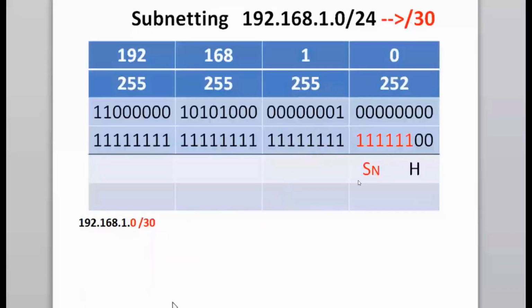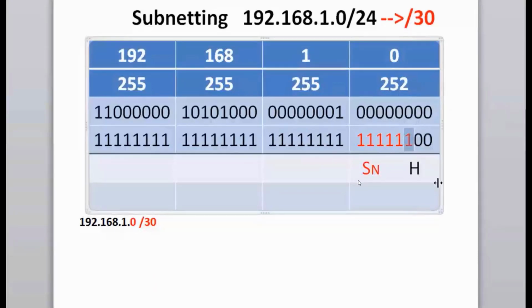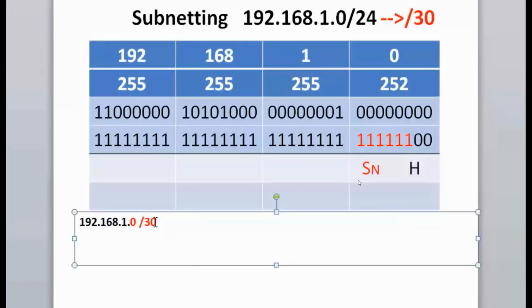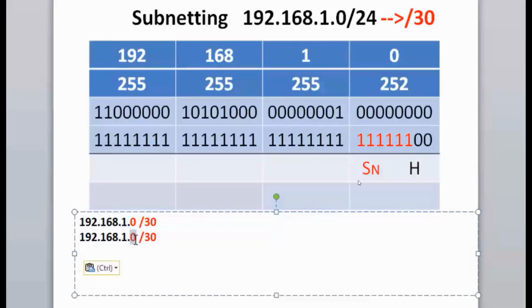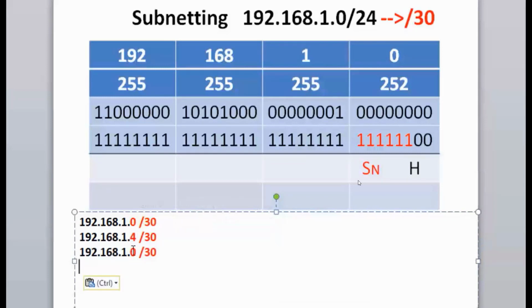For the /30, we see that the last one is in the 4's place, and that the networks will go up by 4. So similarly, the networks will go up in increments of 4. So the first network is the 0 network, then the 4 subnetwork, then the 8 subnetwork.